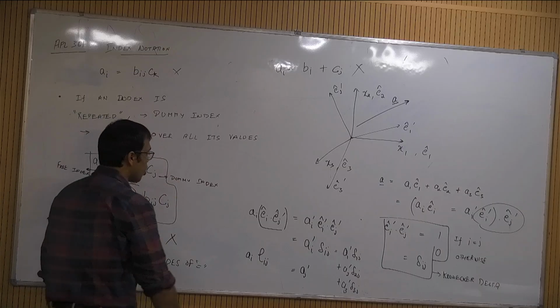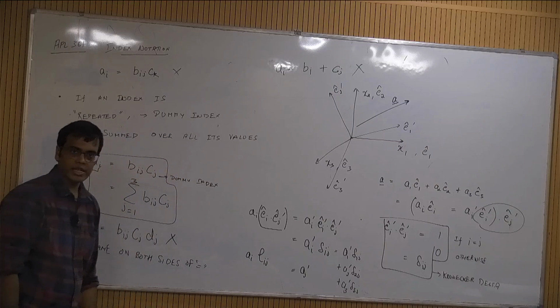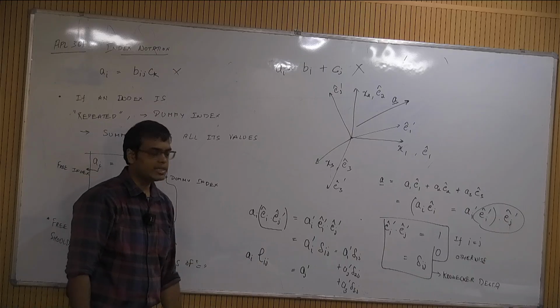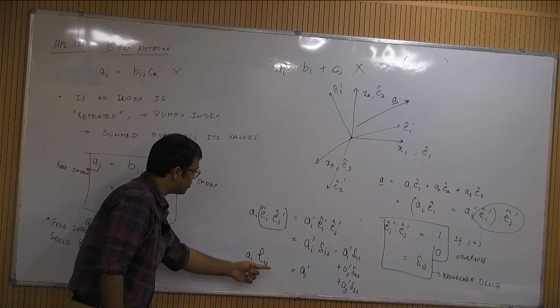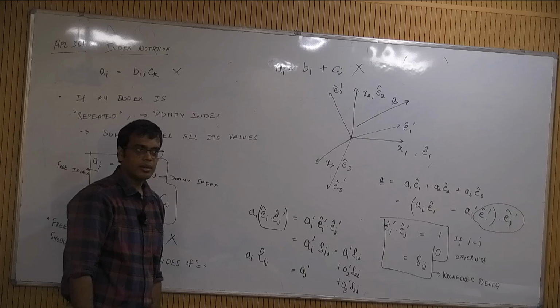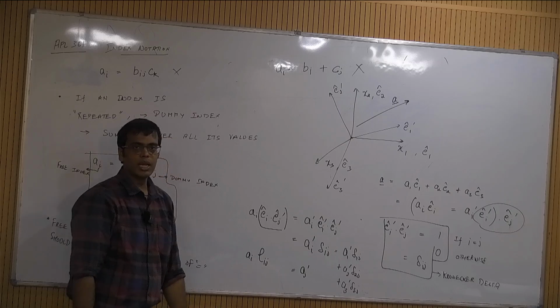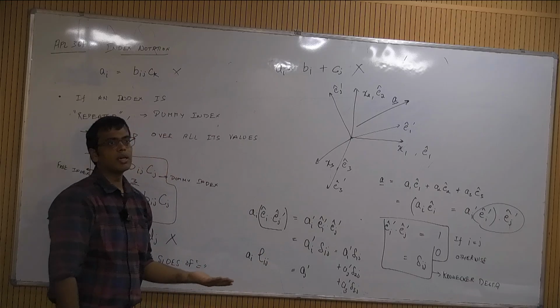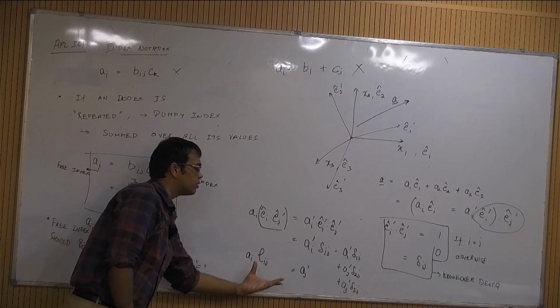I managed to not write a 3 by 3 matrix, by just writing its components as Lij, and this is basically A j prime equals Lij A i, and this is the power of index notation. It helps us write very cumbersome equations, vector equations to be exact, in shorthand in very small space.